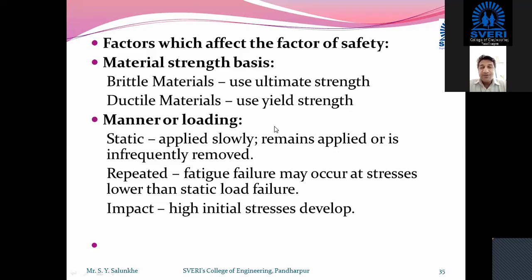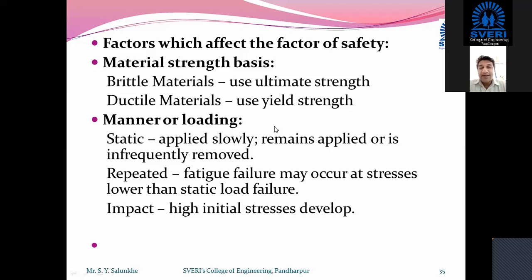So we can say that ductile materials are going to give us warning before failure, before actually breaking into two pieces. They are going to change their dimensions. Elongation takes place in that material. That is considered a warning that the component is going to fail later on, so one can replace it.